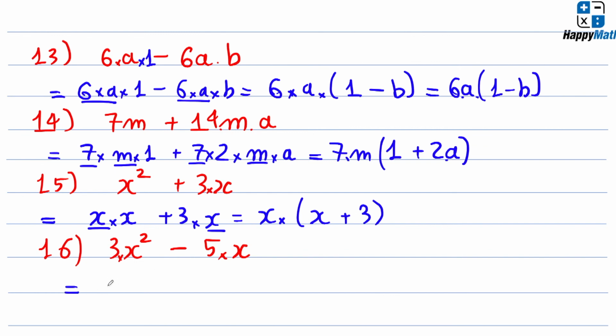And question 16. I've got here 3 multiply x minus 5 multiply x. So we have only one common factor, x. So when I take x outside, the first term you've got 3 left, and the second term you've got minus 5 left.